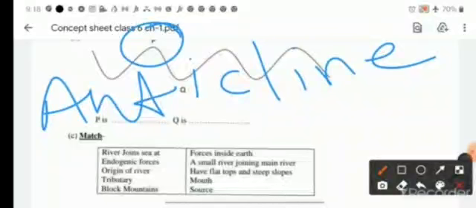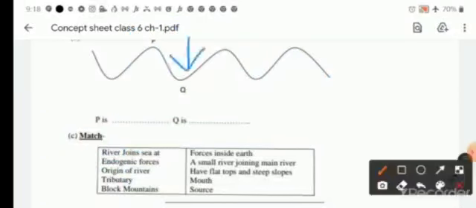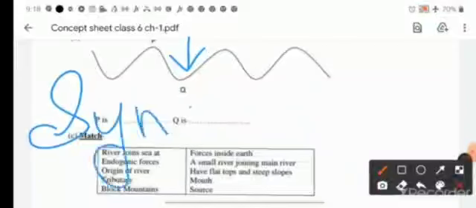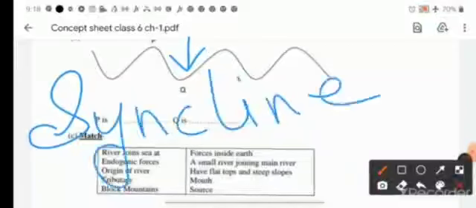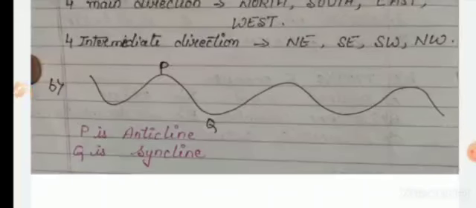You can say that the upfolded rock, like this one, is your anticline, and the syncline, this part, the downward part, the downfolded rock, that is your syncline. So this is your answer here. P is representing anticline and Q is representing syncline.